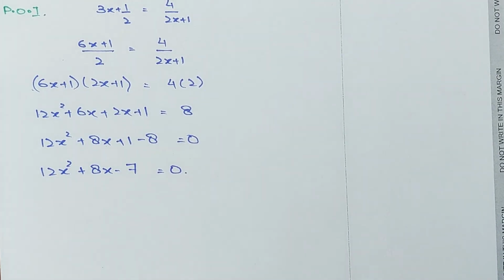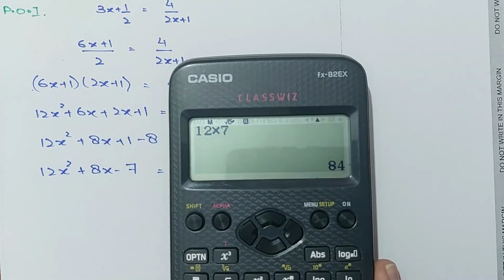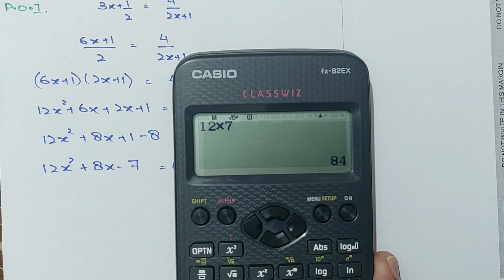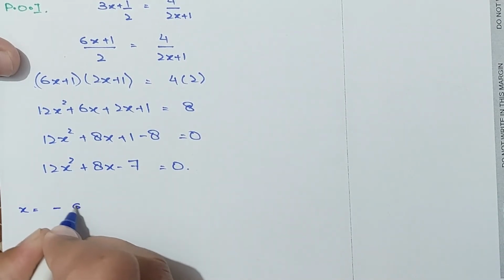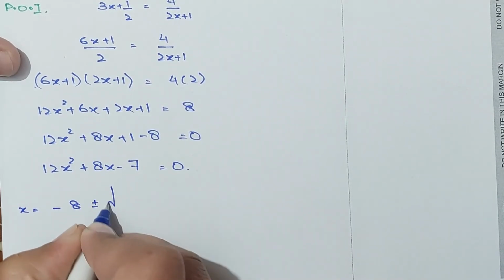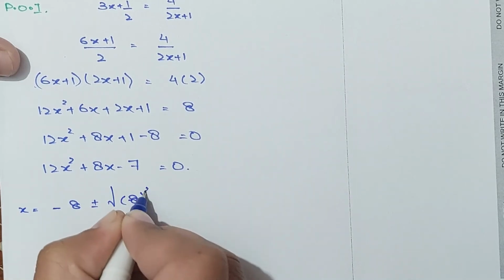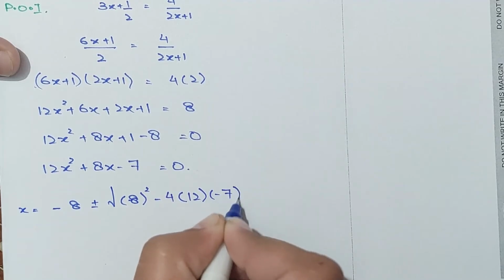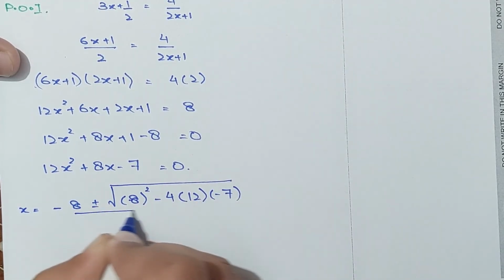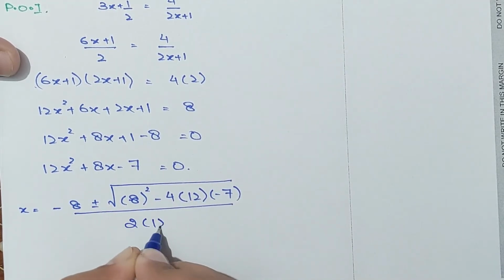Okay, 12 times 7 is 84. Factors of 84, or we can say, let's use the quadratic formula. X equals negative b plus minus square root of b square minus 4 times the a value and the c value, divided by 2 times a.